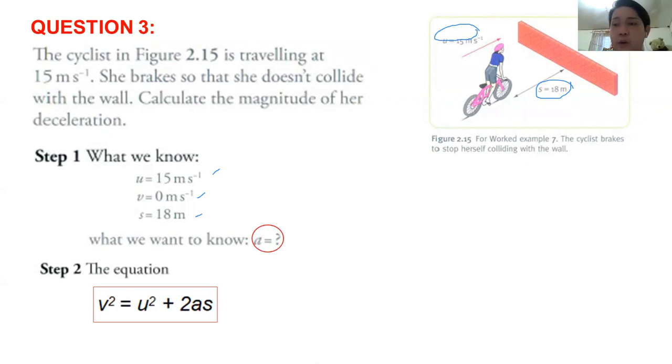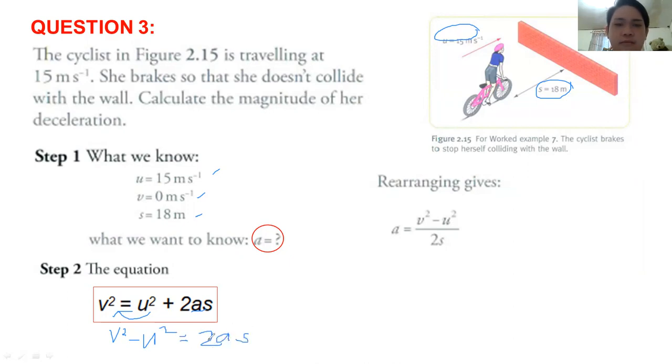So we'll use the equation V squared equals U squared plus 2AS. Then first rearrange. Since we're looking for your acceleration, we have to move it there. So that gives you V squared minus U squared equals 2AS.